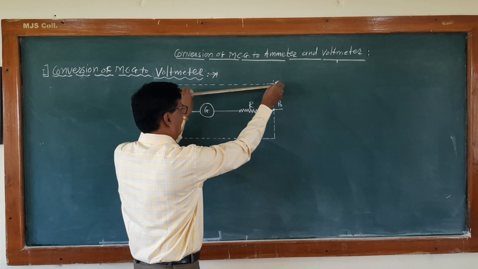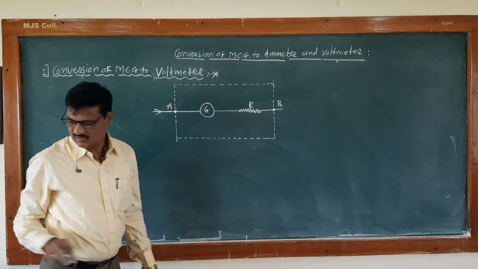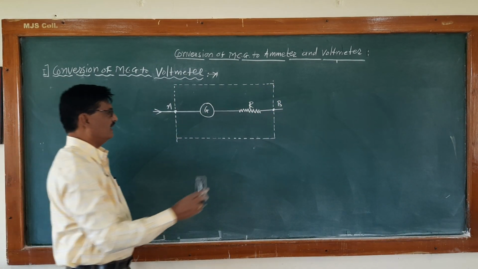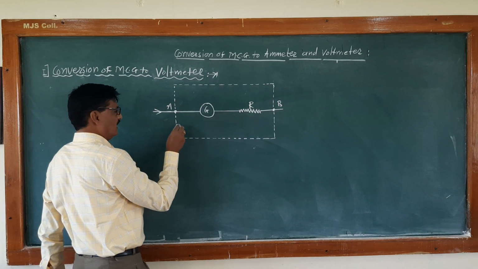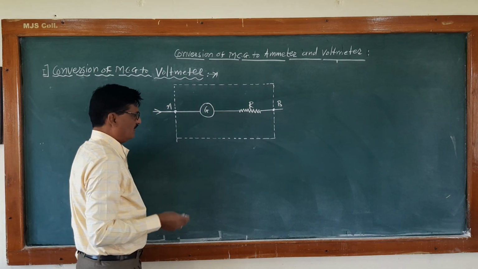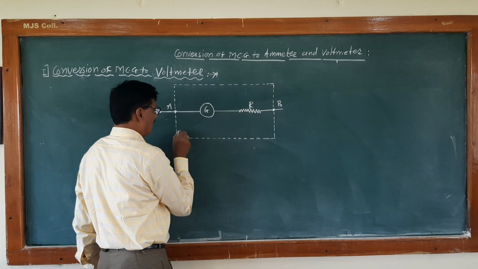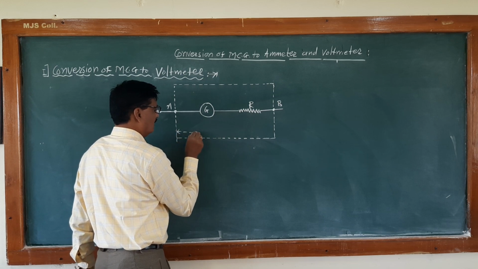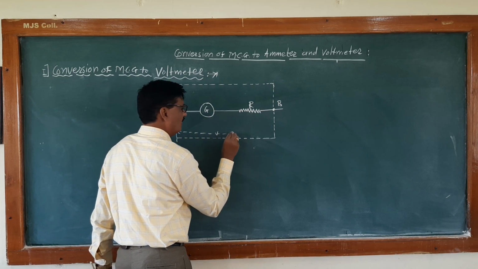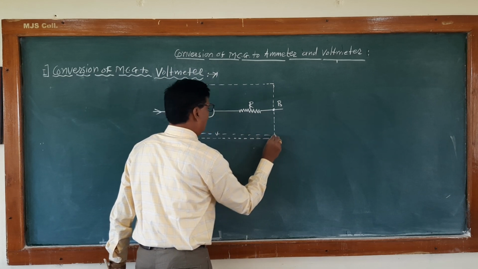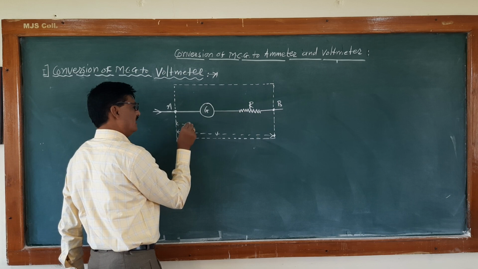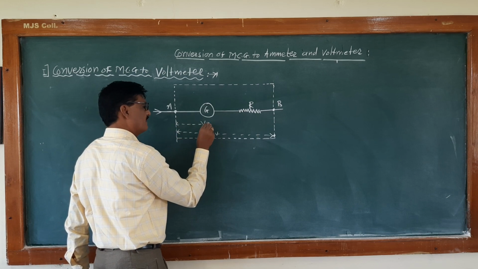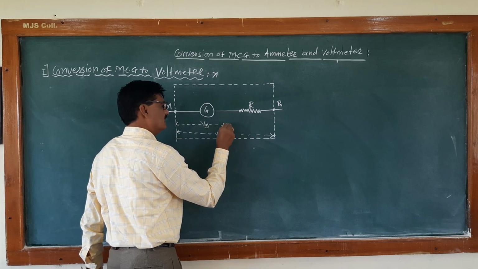Here, the galvanometer and resistance are connected in series, therefore the potential difference is different. The total potential difference across A to B is V, with potential difference Vg across the galvanometer and VR across the resistance.